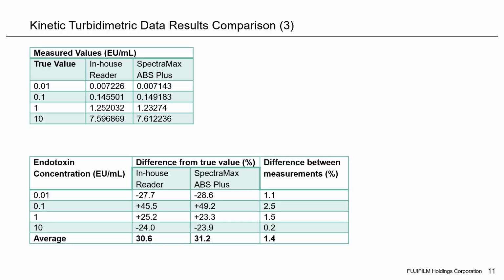Now, it's just a fact of linear regression that the line of best fit is, in a sense, going to compromise through those data points to find that line of best fit. And so typically, the extreme ends will be, in a sense, biased in one direction, while the median points will be biased in another direction. And you see that here where in the bottom graph, we're seeing difference from true value for the in-house reader and the SpectraMax ABS Plus. We're seeing, in a sense, an underreporting at the extremes and then an overreporting at the means.